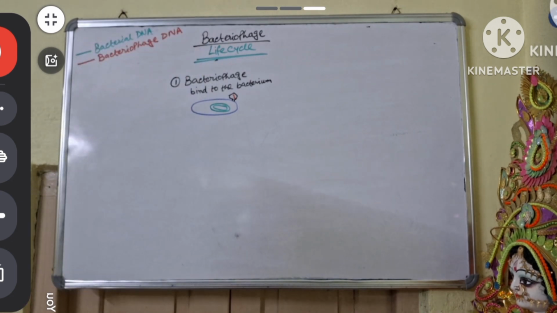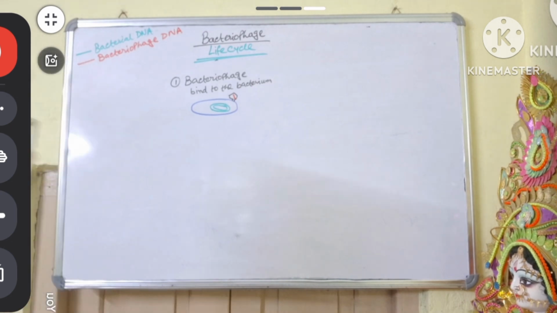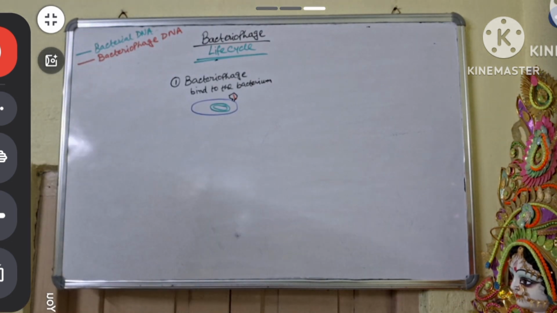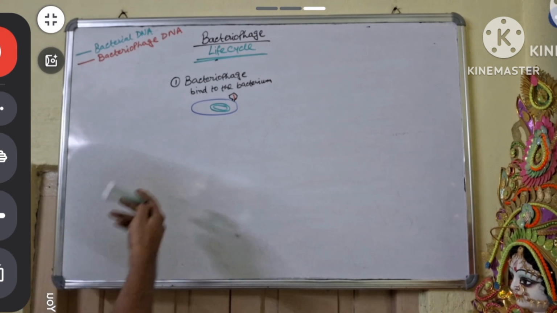So color distinction may make it easy to understand the process. Okay, so first, the bacteriophage binds to the outside of the bacterium.